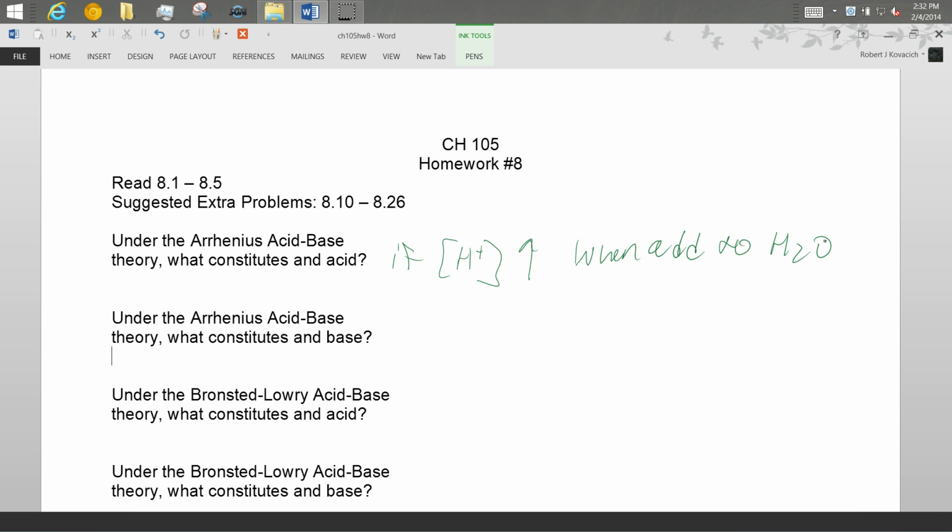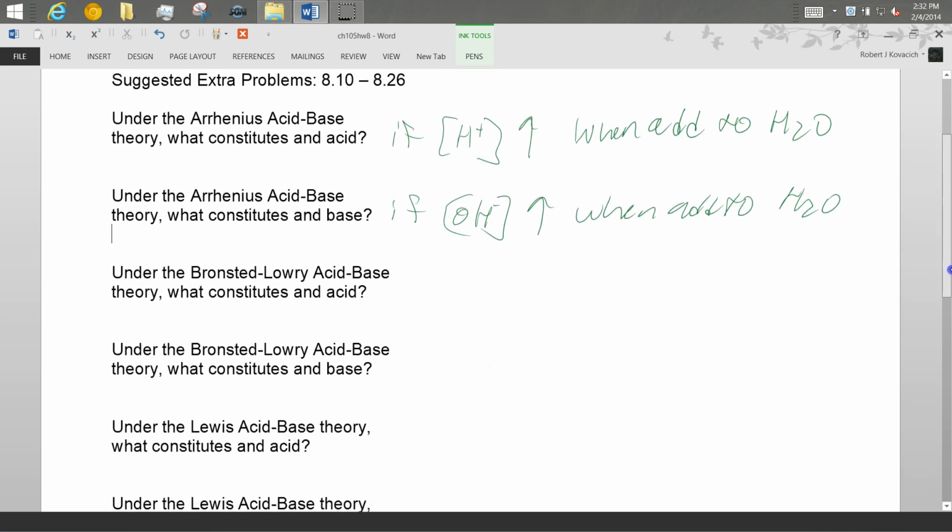And what was the definition for the base? It gives you OH minus. If hydroxide ion concentration increases when added to water. Okay. How about the Bronsted-Lowry acid?